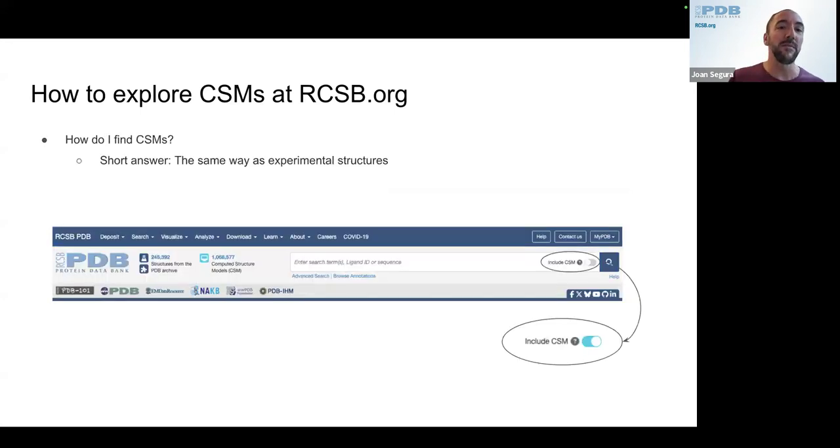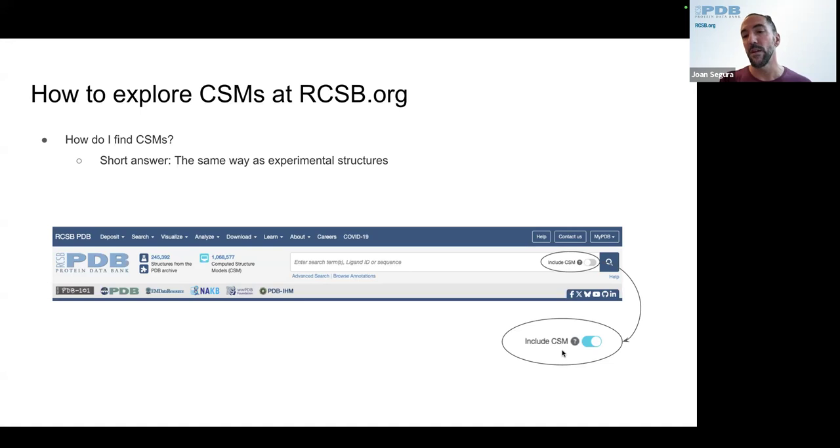Okay, so how do I find computed structure models at rcsb.org? Short answer, the same way as you search for experimental structures, with an important detail. For example, if you search PDB entries using our main text search bar, you will see a button.